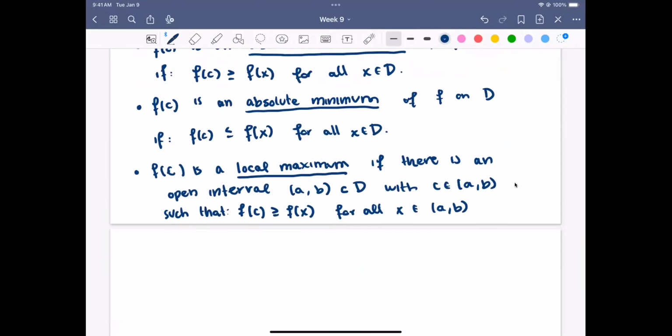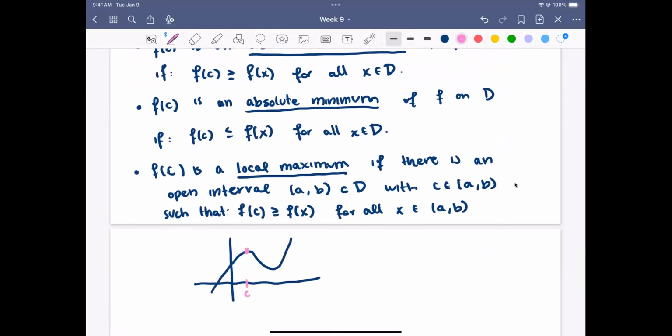Okay, I'll draw a picture so you can see how that looks. So I'll draw something similar to the function I had before. Okay, so let's say here's my value C, and we want to check if this thing is a local maximum.